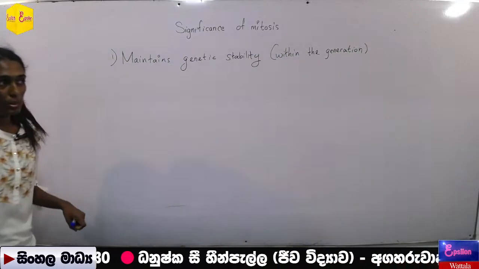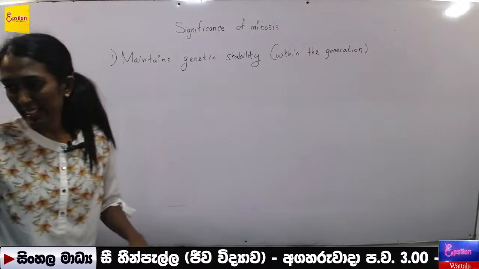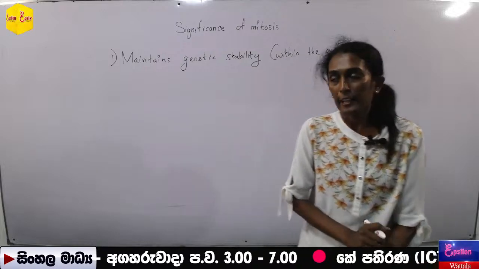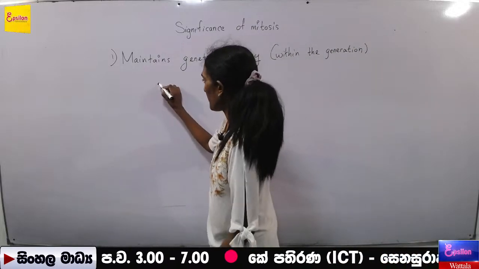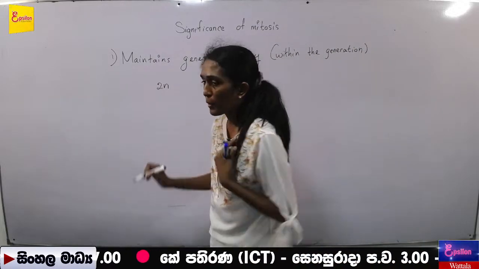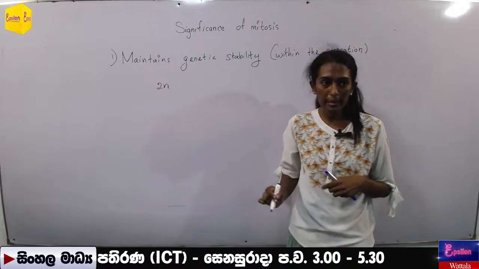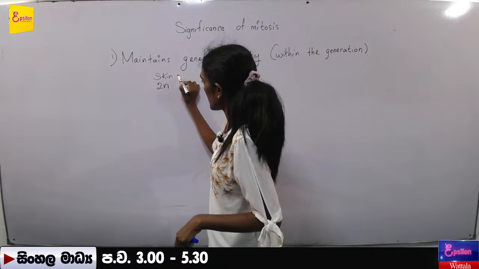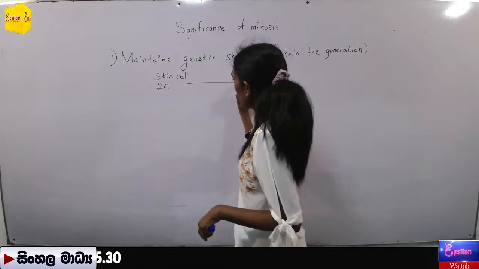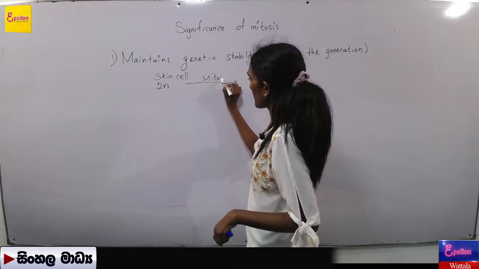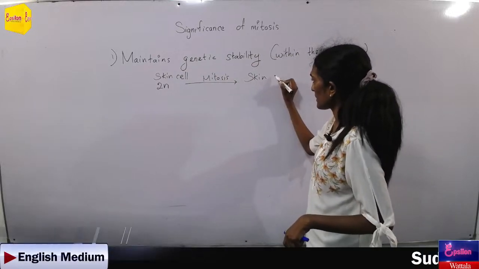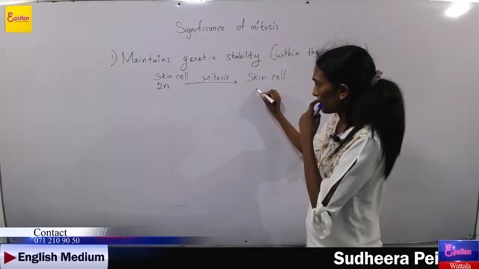So think now, your skin cell is removed due to an abrasion or something. A skin cell has diploid nature. That means 46 chromosomes, 23 pairs of chromosomes are there. So this is a skin cell. This should divide mitotically to give another skin cell which is similar to the previous one.